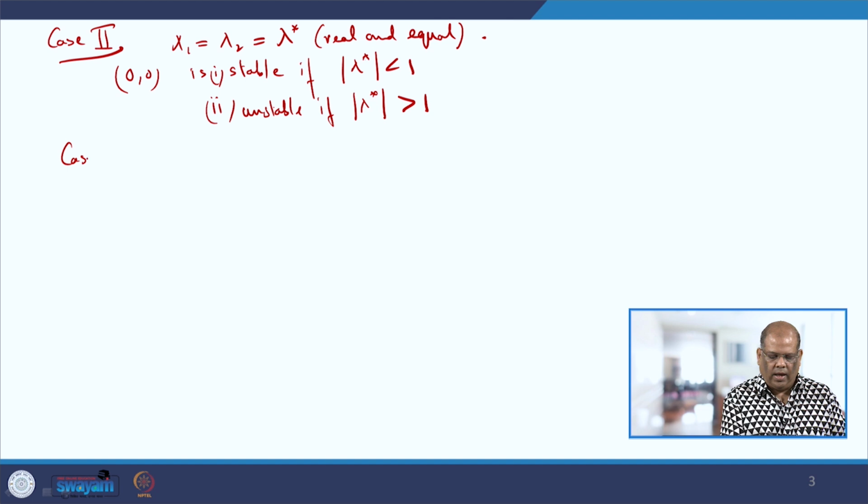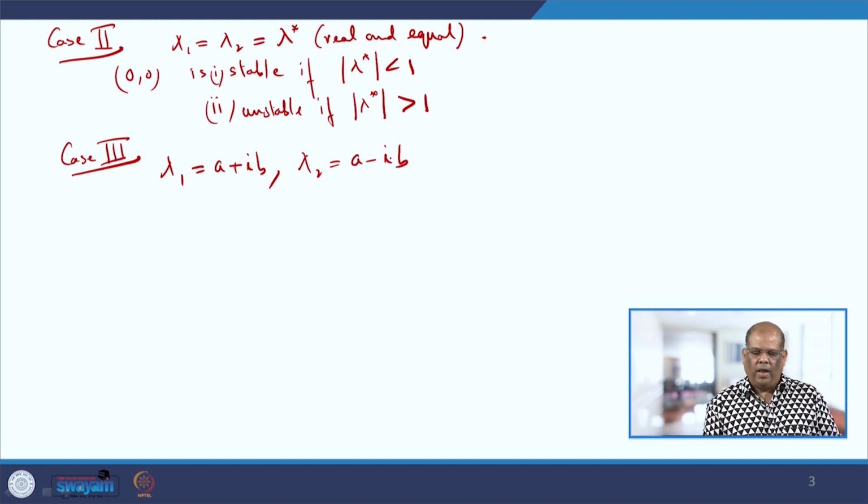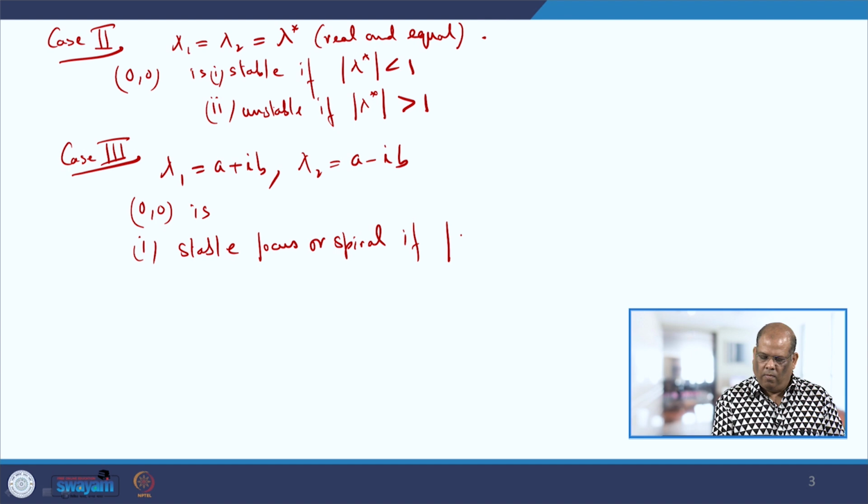And finally, case 3, if they are complex conjugates. So, lambda 1 is a plus i b and lambda 2 is a minus i b. So, the roots are complex, and since there will be two roots in this case, that is two eigenvalues, they must appear as complex conjugates. So, 0 0, the equilibrium point, will be a stable focus or spiral if mod of a plus minus i b is less than 1.